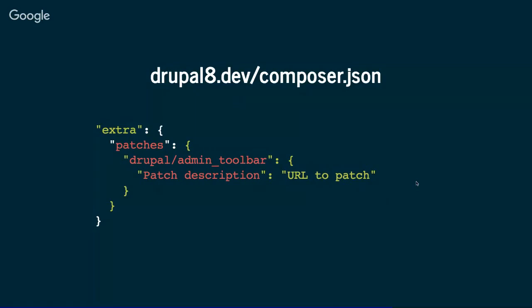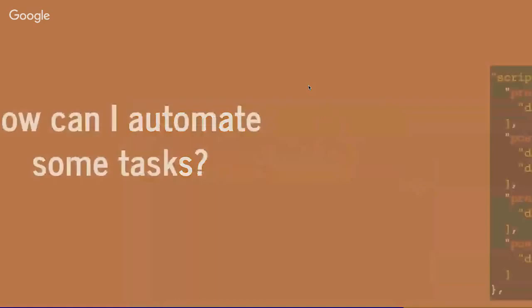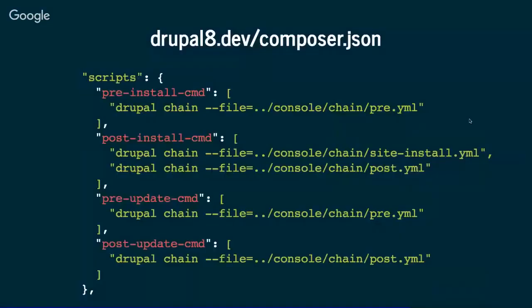Now that you know about patches and how to install modules outside of Drupal.org and within Drupal.org, how can you automate some tasks? You can use the scripts section of your Composer file. The scripts section contains something like hooks.